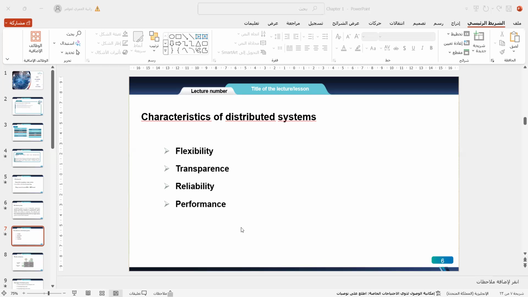Now, let's talk about some challenges for distributed systems, which can be summarized in 5 main challenges: increasing opportunity for failure, synchronization process challenges, imperfect scalability, more complex security, and increasing complexity.